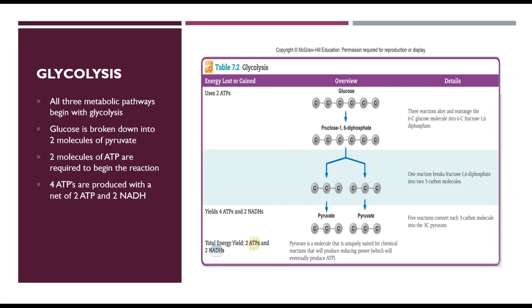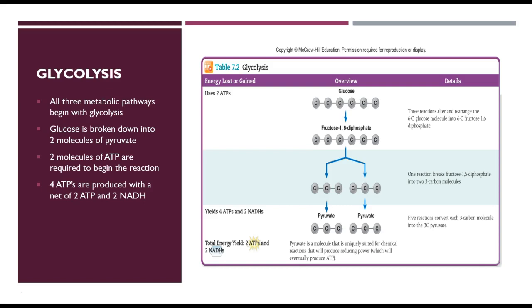Glycolysis is the first step in aerobic and anaerobic respiration. All three of these metabolic pathways are going to begin with glycolysis. Glucose is our beginning molecule, and it is a 6-carbon molecule.